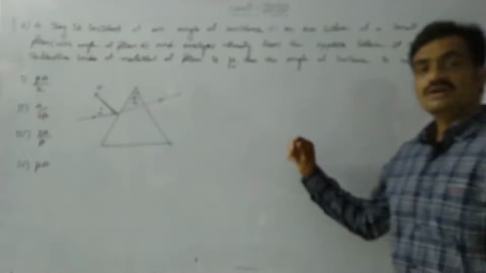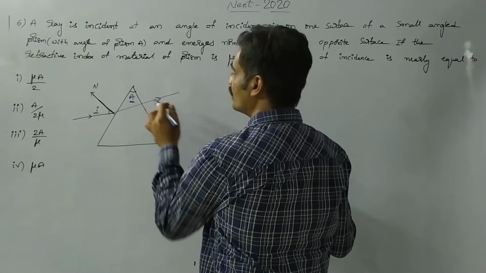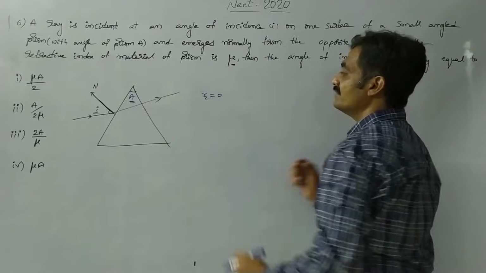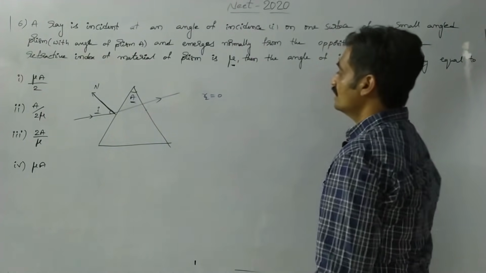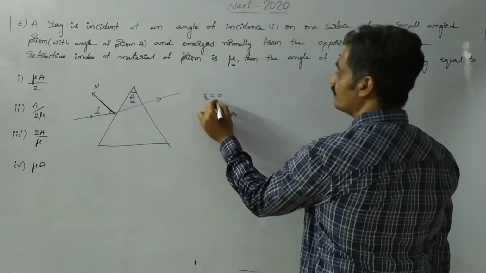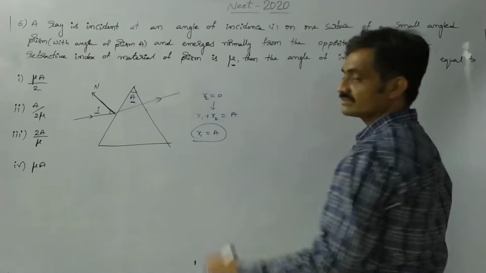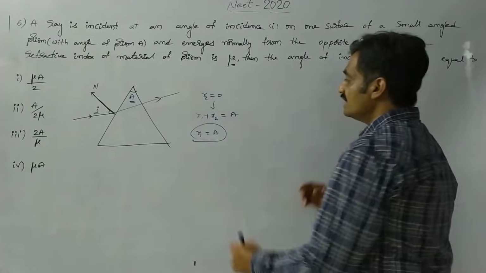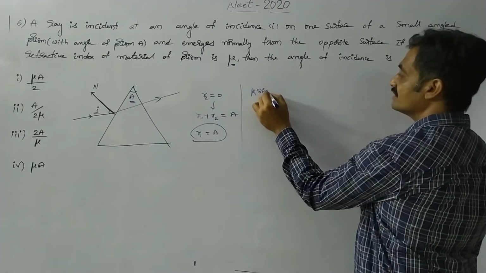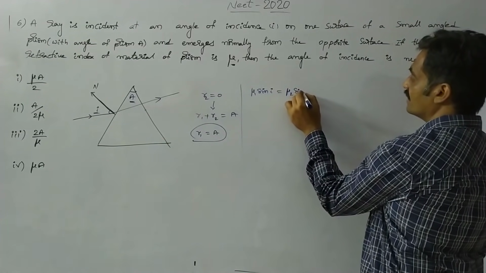In order to represent that, observe that the angle of refraction from the opposite surface is equal to 0. Why? Because it emerges normally to the surface. So from the equation R1 plus R2 is equal to A, if I substitute R2 equals 0, then we have R1 equal to A. Now let us apply Snell's law. We know that mu1 into sine I1 equals mu2 into sine R1.